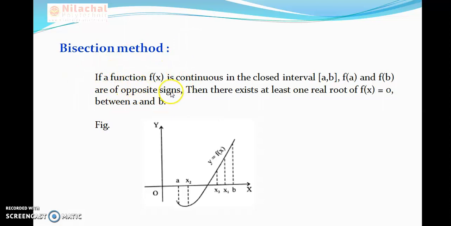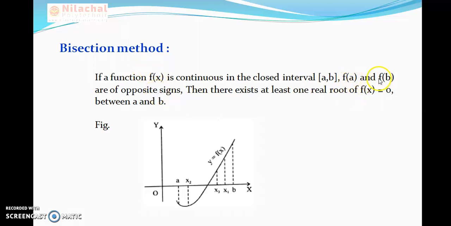If a function f of x is continuous in the closed interval a and b, suppose a and b points are the closed interval we are taking, and f of x will be given. F of a and f of b are of opposite sign. Means whenever you put this value a in x, it becomes f of a. When you apply b in x, it becomes f of b.